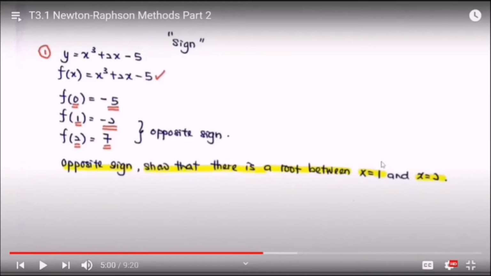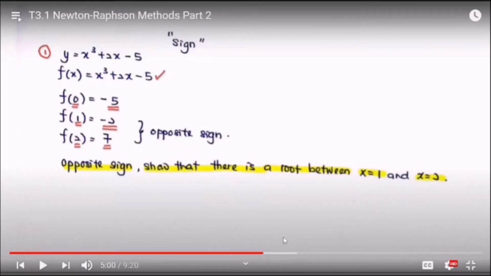Okay, ini pun penting, keyword dia. Faham? So ini adalah sign change. So berbanding dengan tadi, 0 until 2.5 kan, ini you nampak 1 and 2. Dia lagi kecil lah, dia punya range tu. Maksudnya, lagi tepat lah berbanding dengan graphical method.